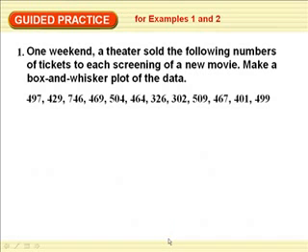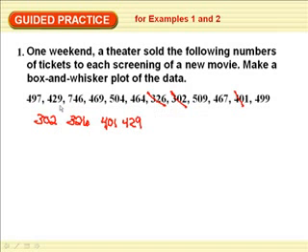Okay, so let's make one here with this set of data. These are kind of big numbers. Let's put them in order. Let's see. I see a 302 is the first number. Mark those off as we go. 326 right there. 401 I see. 429.